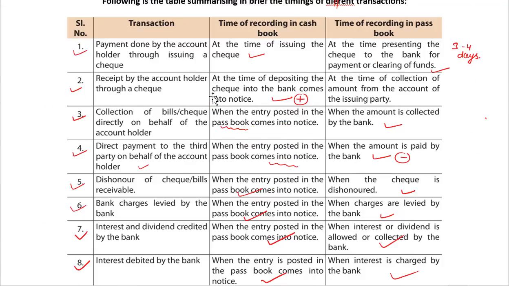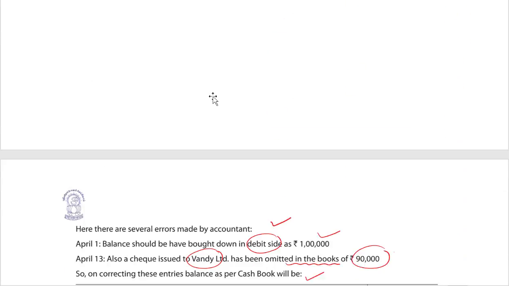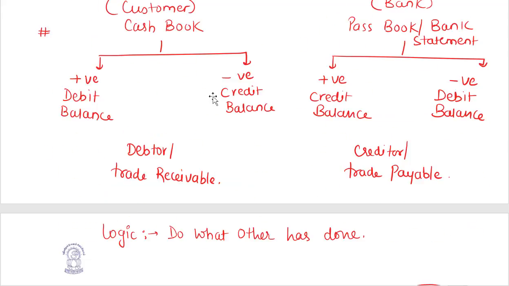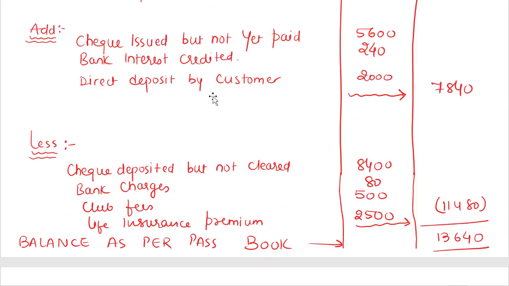The reasons for differences between the passbook and the cash book. And then after that, we solved a question, that is question number 1. And over here, we wind up today's class. Thank you all.